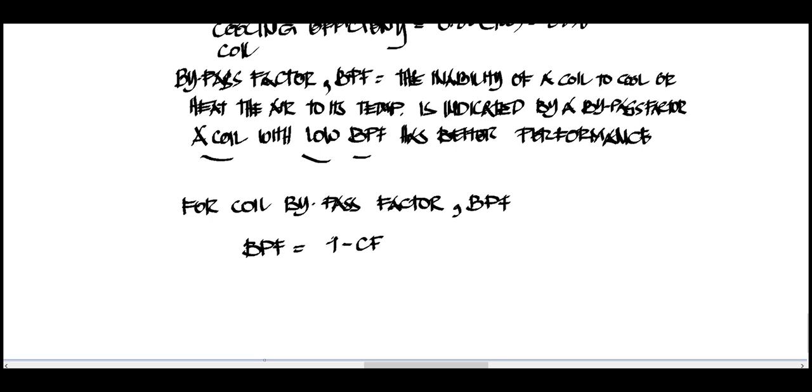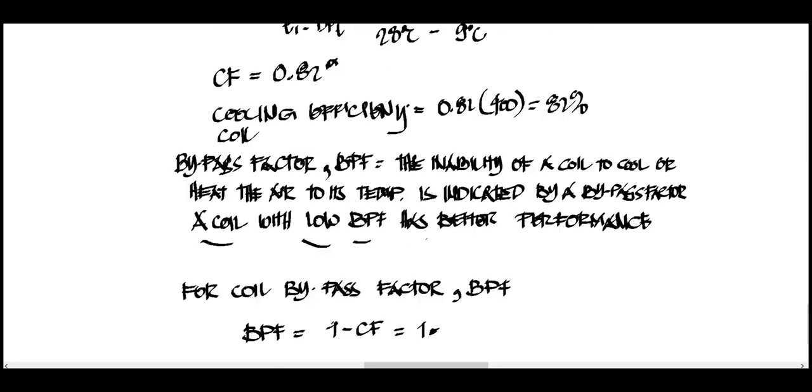So we have here the equation for the bypass factor. That is 1 minus the cooling contact factor, where 1 minus the value we have, 0.82, is equal to 0.18.